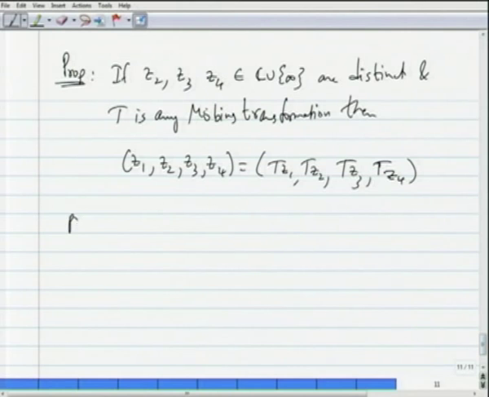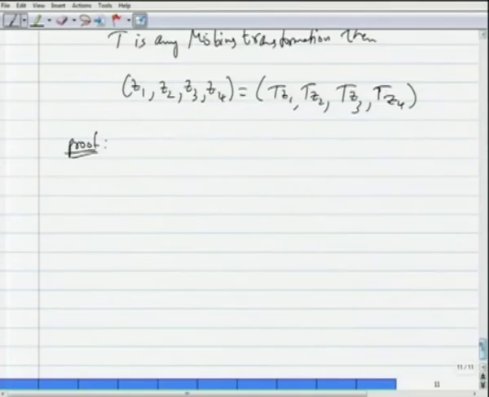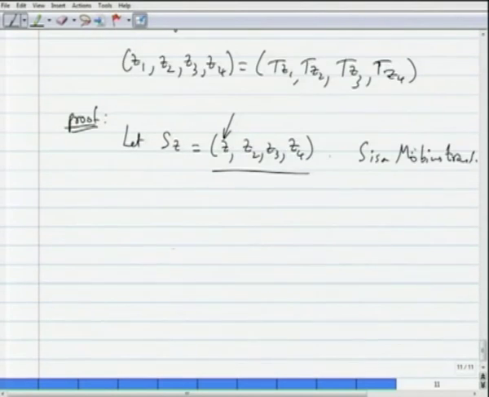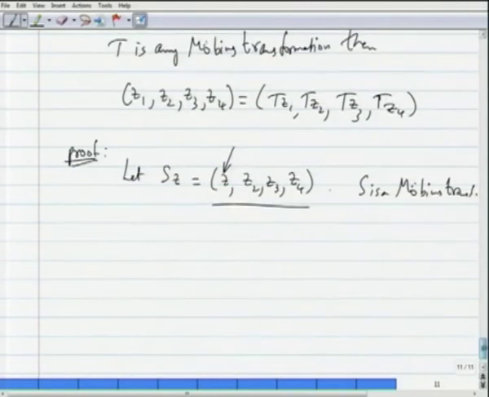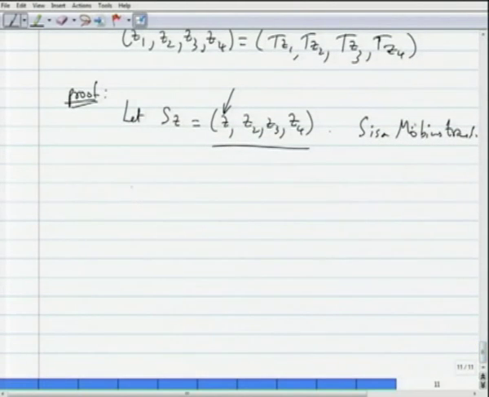Okay. The proof of this is very simple, but what we are actually going to do is use this proposition to explore some properties of Mobius transformations. So, let S(z) be the Mobius transformation which is given by the cross ratio (z, Z2, Z3, Z4), and by the exercise which I left to the viewer, let M equal S circle T inverse.